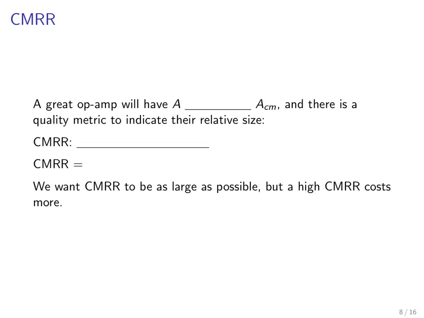So a really great op-amp will have the open loop gain much, much larger than the common mode gain. And there's a quality metric that has been developed over the years to indicate the relative size of these 2 gains. And that is called CMRR, which stands for common mode rejection ratio.